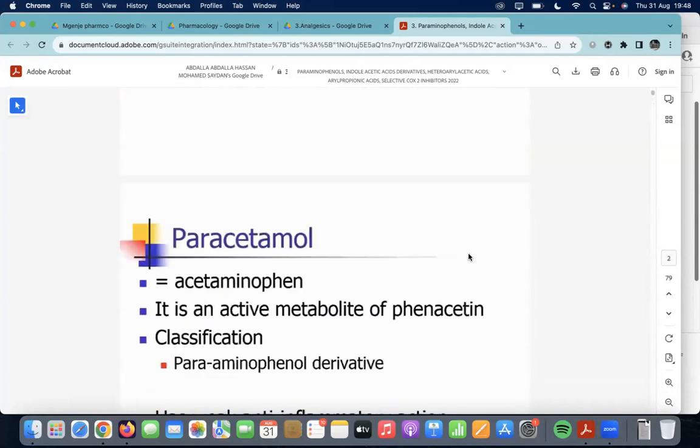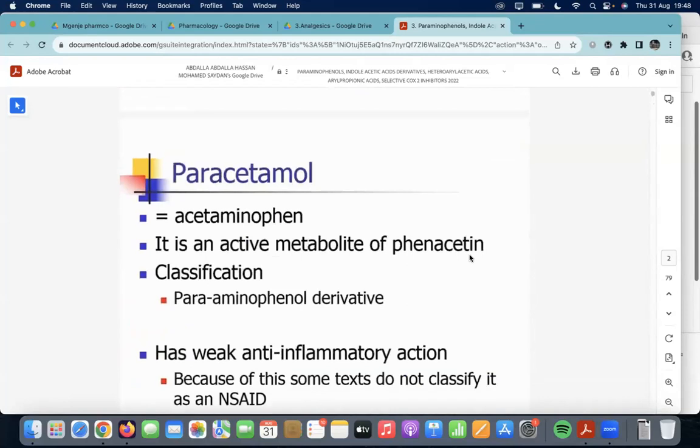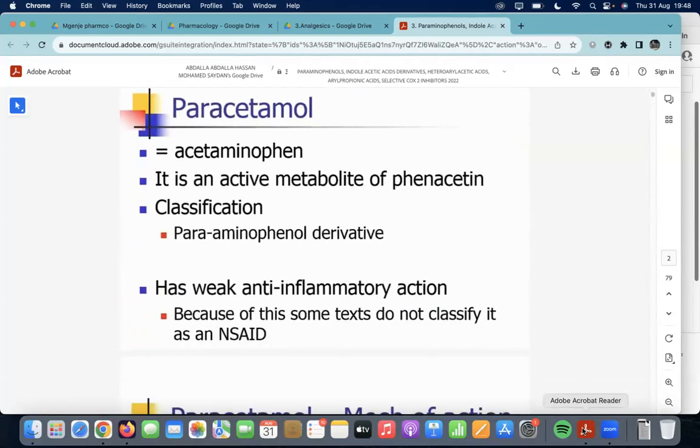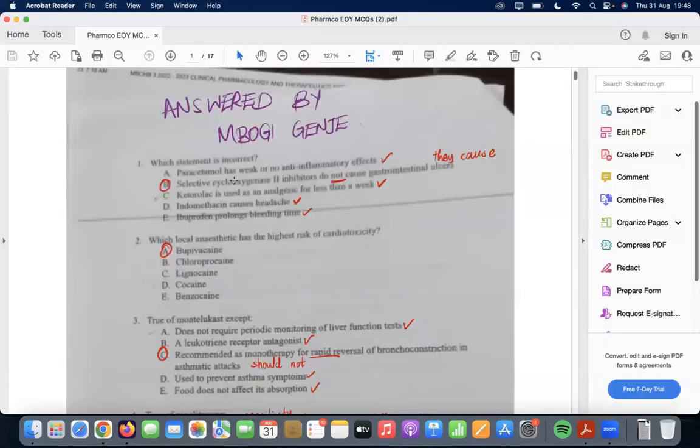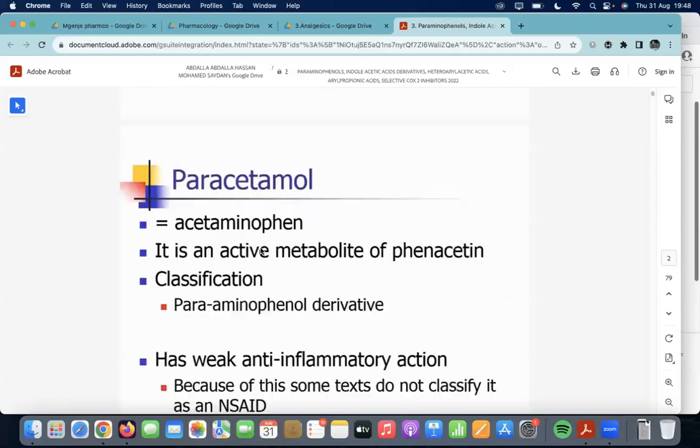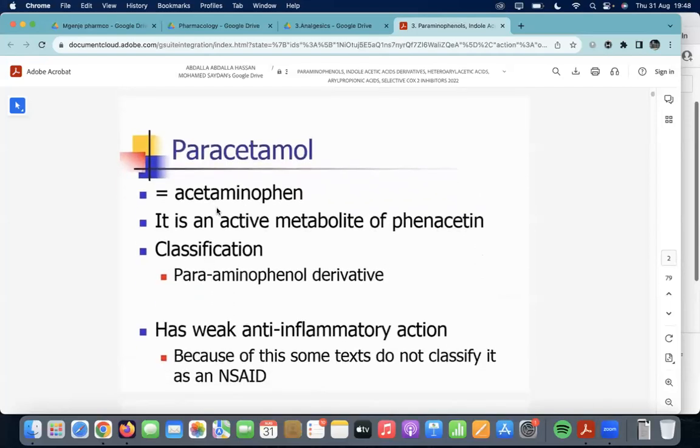So what I was saying for choice A: paracetamol has weak or no anti-inflammatory effect. Is that true or false? We have been told that paracetamol has weak anti-inflammatory action, and because of this, some texts do not classify it as an NSAID. So paracetamol is not a true NSAID. It's just placed under that category for formality.